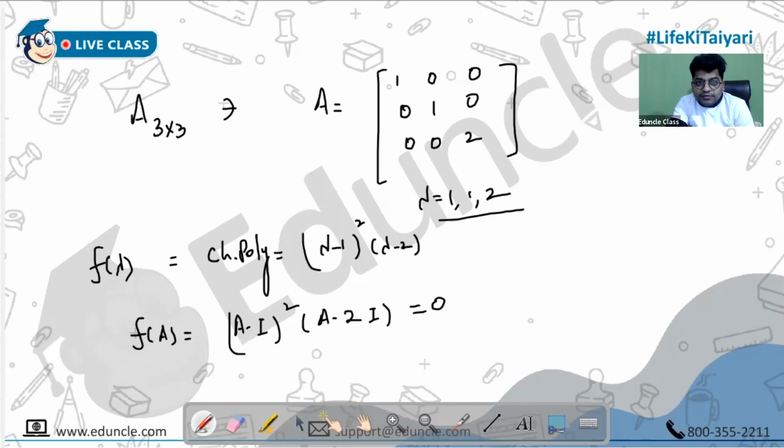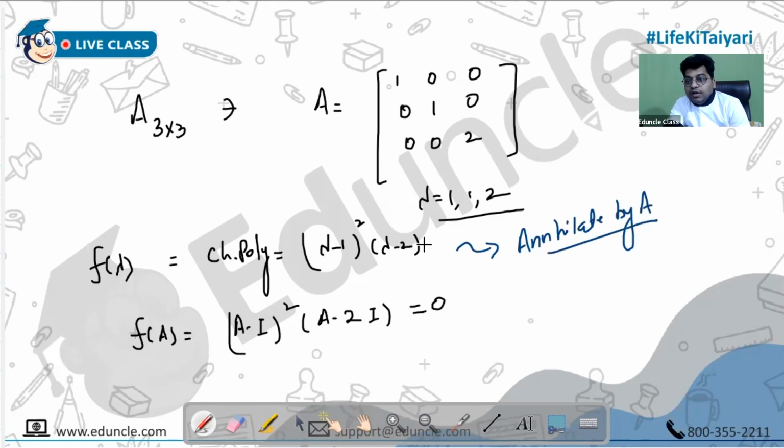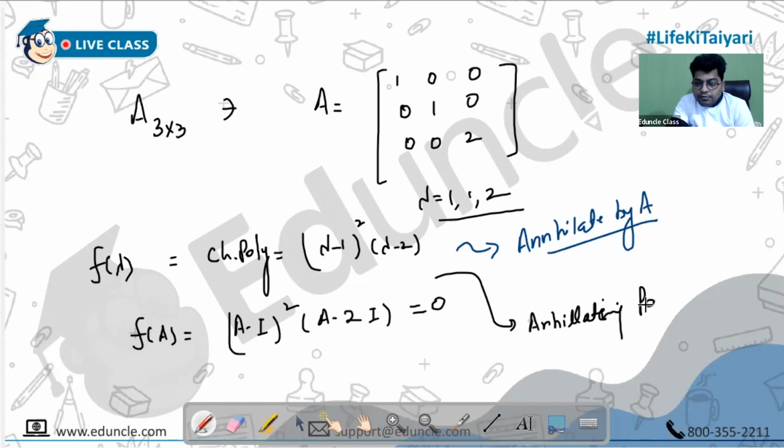The meaning of this is that this polynomial is annihilated by A. So this polynomial is called the annihilating polynomial. What is the meaning of annihilating polynomial?